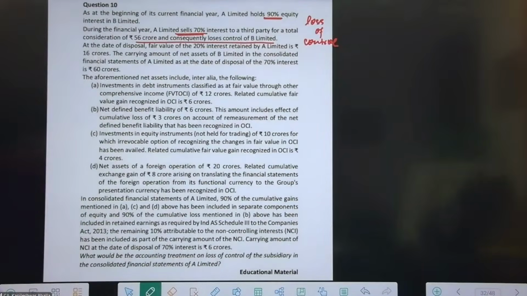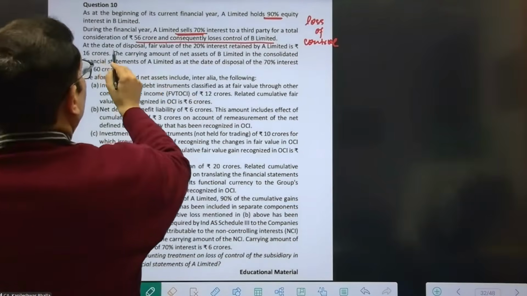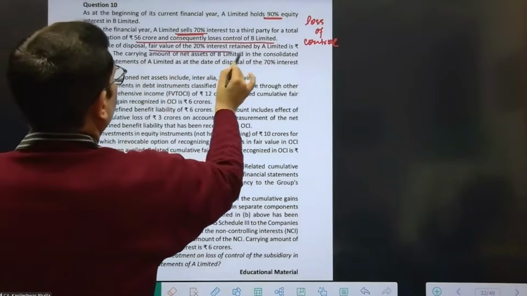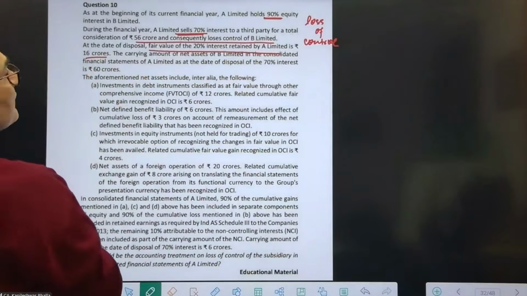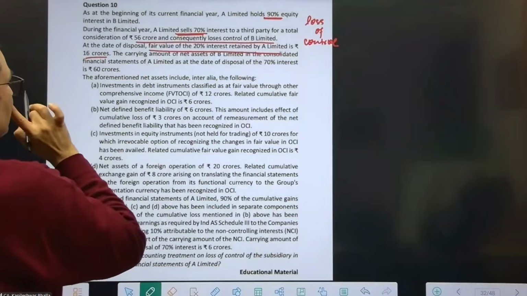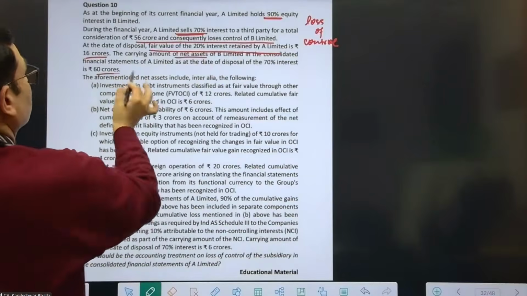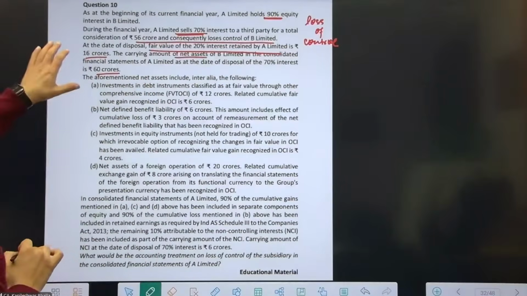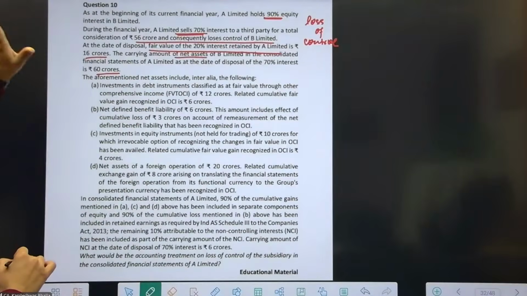Wow. Now this is interesting indeed. Then he says at the date of disposal, the fair value of 20% interest retained is 16 crores. The carrying amount of net assets of B in the consolidated financial statements as on the date of the 70% interest disposal is 60 crores. So I think the value of the investment retained is given. The net assets on the date of disposal is also given.